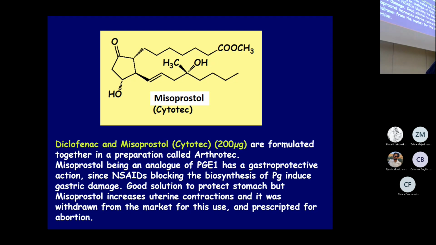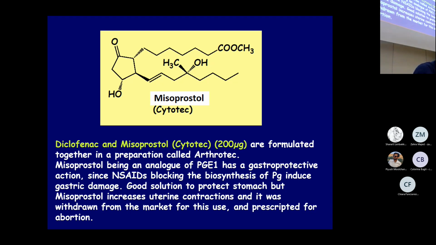PGE1. This PGE1 is an agonist on the prostanoid receptor. So this analog of PGE1, a stable analog of this type of prostaglandin, because I remind you, prostaglandins are not stable. But in that time, this company had a stable compound of PGE1.